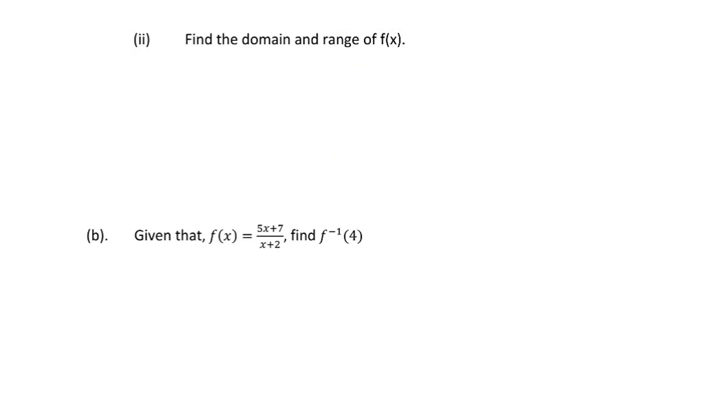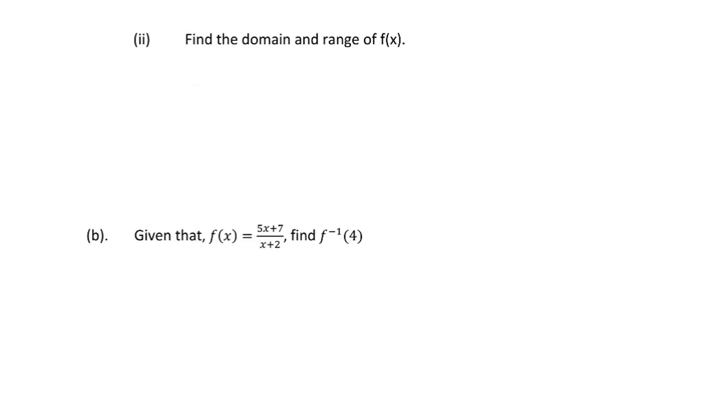For Roman 2, we are supposed to find the domain and range of the function f(x). Okay, so we have to recall that domain are values of x and range are values of y in a function. From this graph, domain is such that 1 is less or equal to x and x is less or equal to 6.